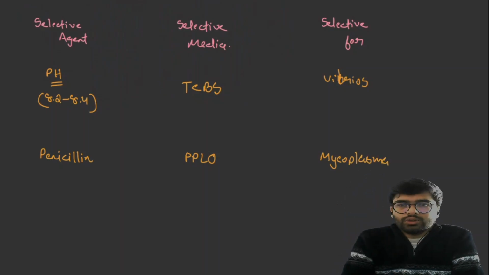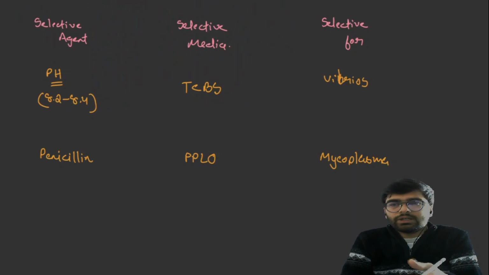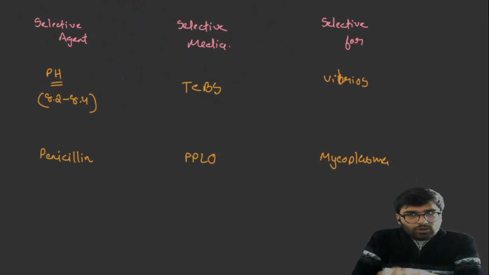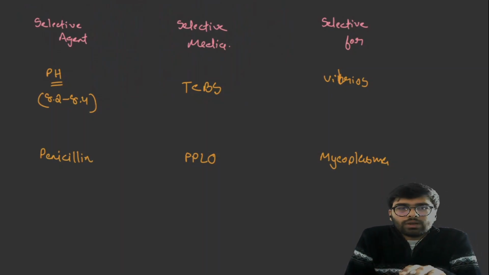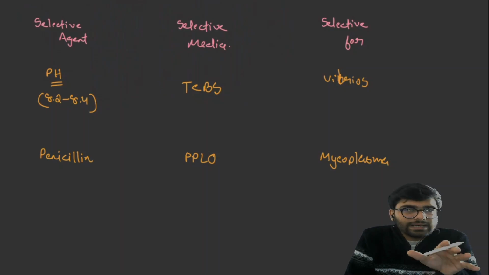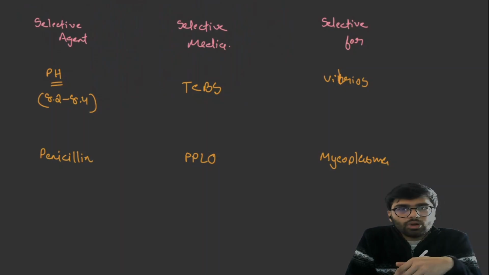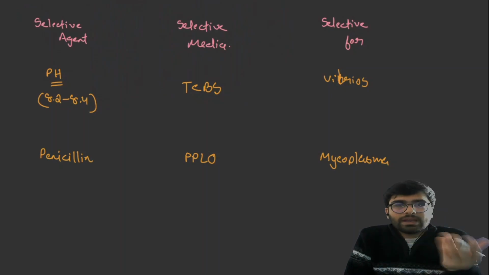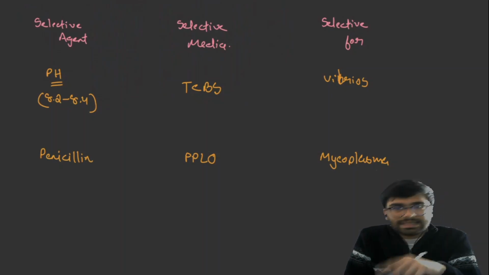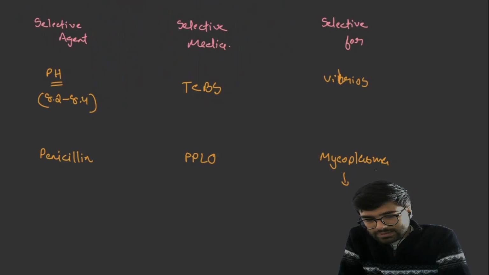Why so? You don't have to remember why so, but let me tell you as a fact. Mycoplasma doesn't have a cell wall, and penicillin acts on the cell wall. So since mycoplasma doesn't have any cell wall, how can penicillin act on mycoplasma?